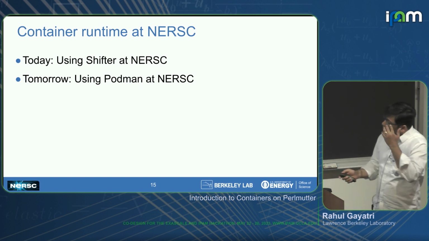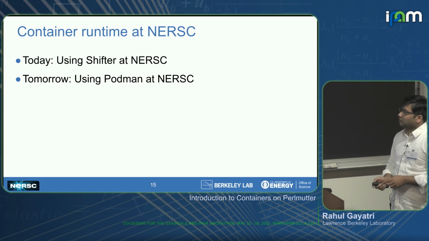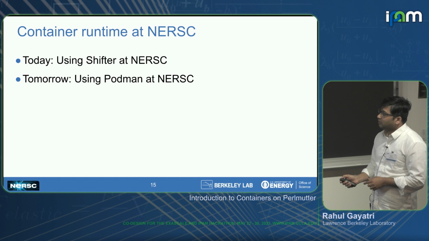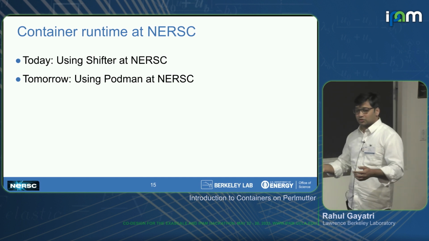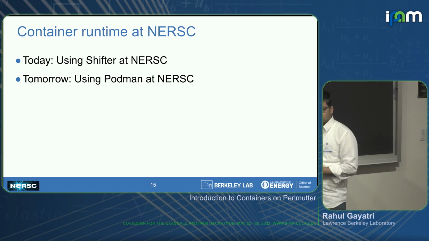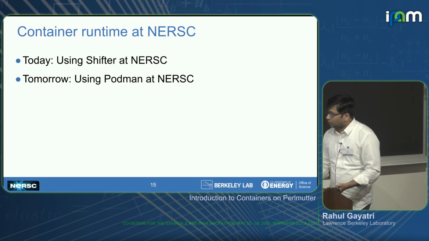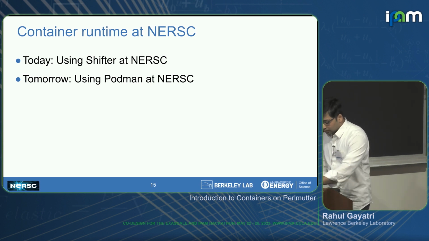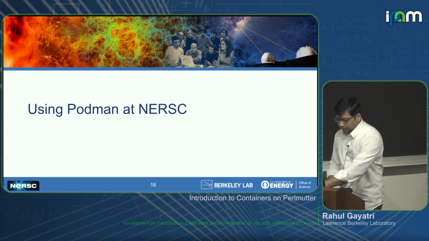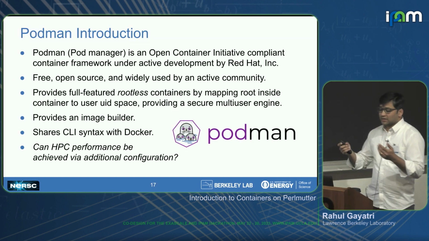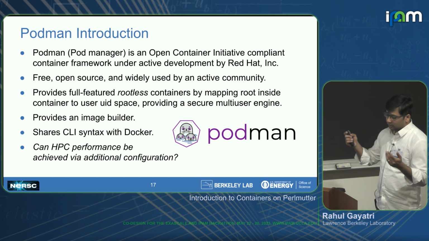So I said that the solution right now that we're using is Shifter, but that is today's solution. We are actively working towards a new solution that is better than Shifter, called Podman, which is an OCI compliant container framework developed by Red Hat.